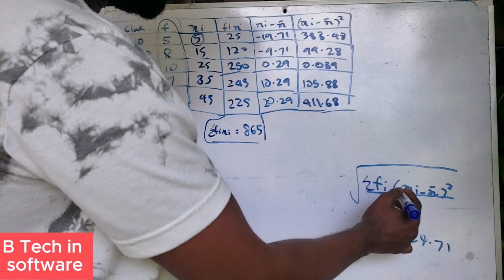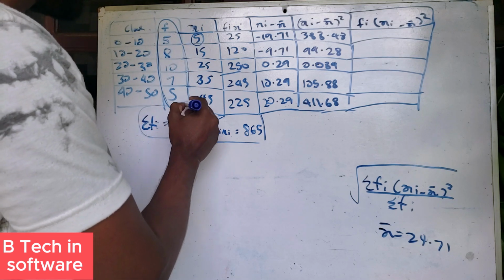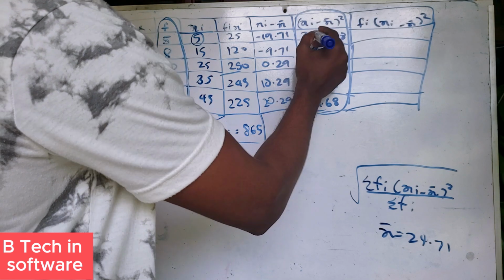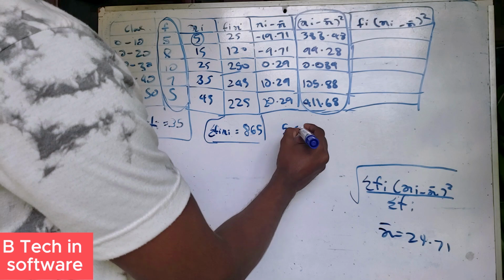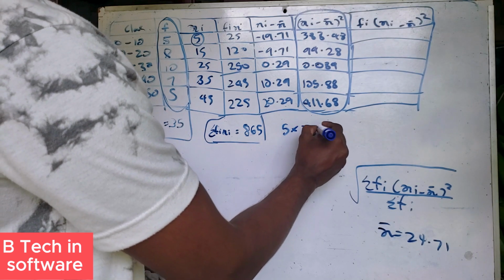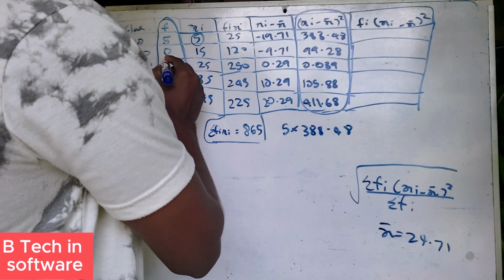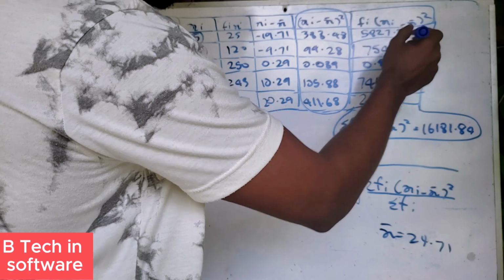We need to find fi times xi minus x bar squared. We need to multiply the value of this row and the value of this row. 5 times 388.48. Likewise, we need to find all the values. You can see I have calculated all the fi xi minus x bar squared values.